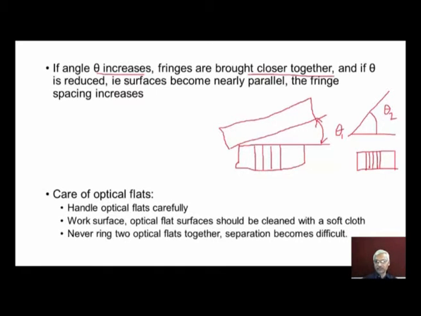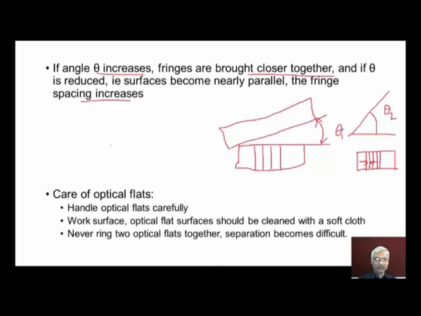So here you can see the distance between two fringes is more for this theta 1. When theta 2 is greater than theta 1, the distance between the fringes is reduced. And if theta is reduced, surfaces become nearly parallel and fringe spacing increases.